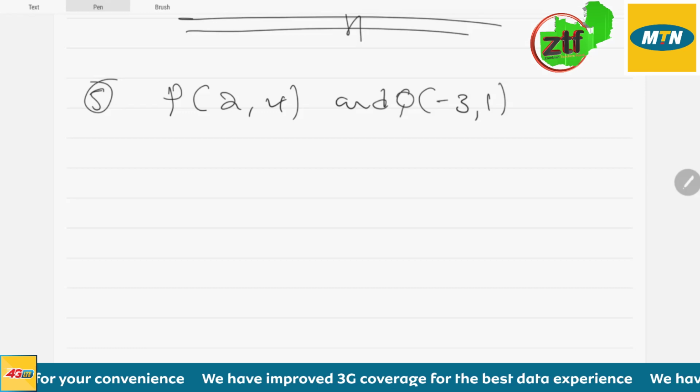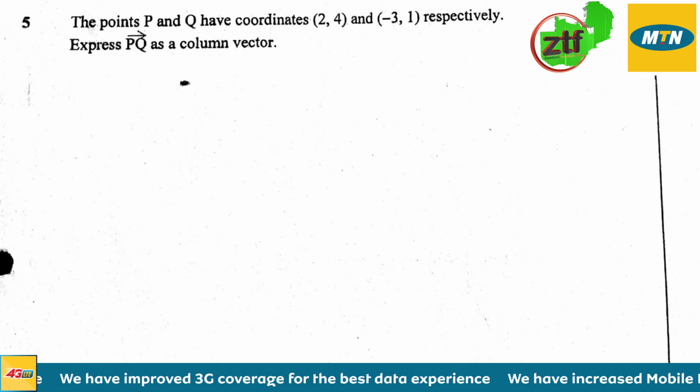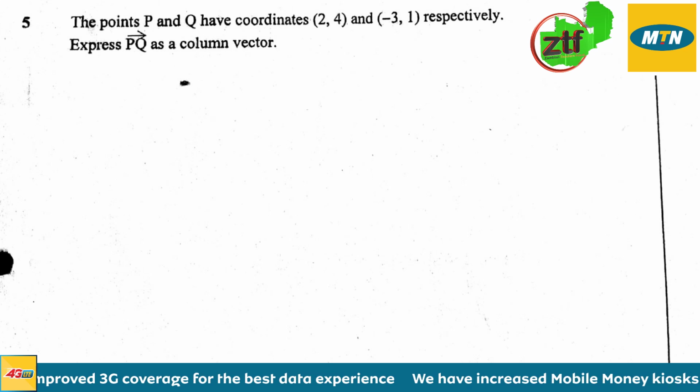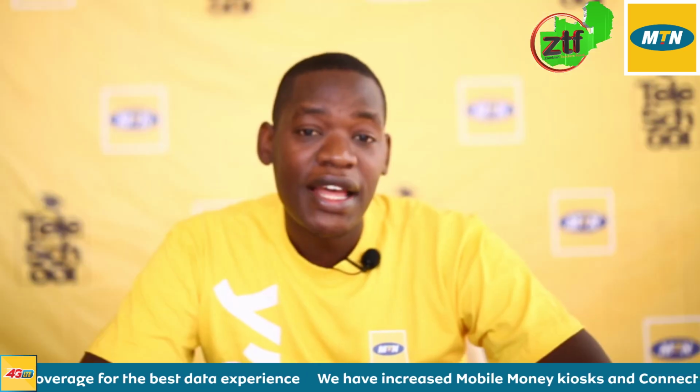Now the question is, express the vector PQ as a column vector. So question number 5 comes from the topic called vectors.